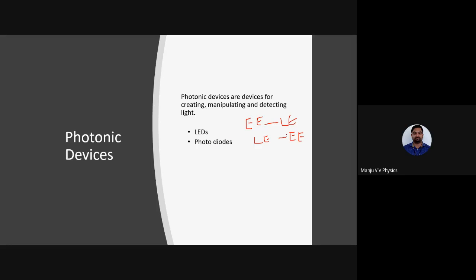Say, for example, you switch on the bulb, how much light is coming out, I can determine, and in turn I can convert it to electrical energy by using a photodiode. This is one of the photonic devices, LED, photodiode. And also we have laser. Laser also comes under photonic devices.